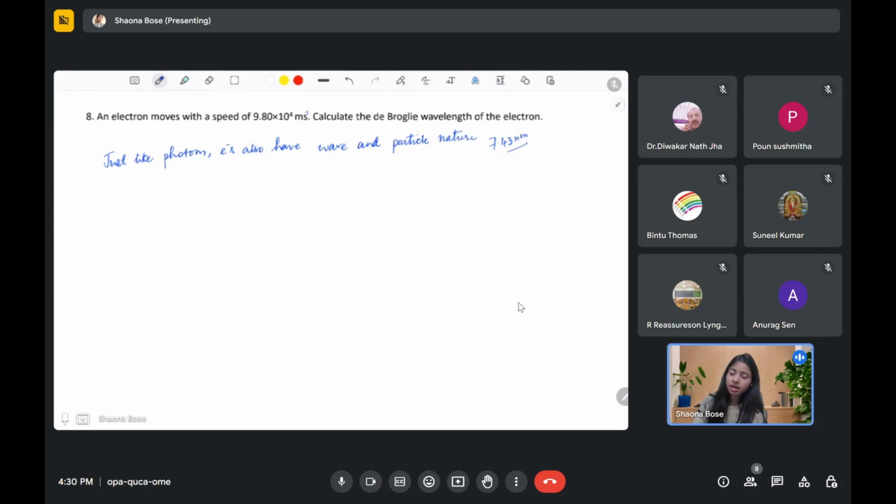It can behave both as a particle and also as a wave. That means it has a dual character.